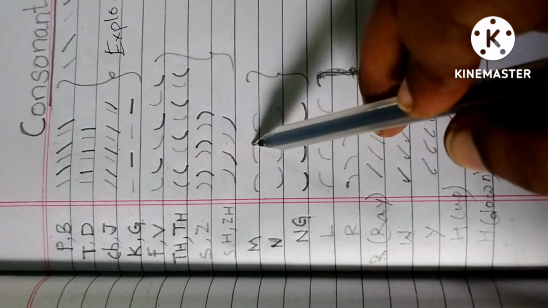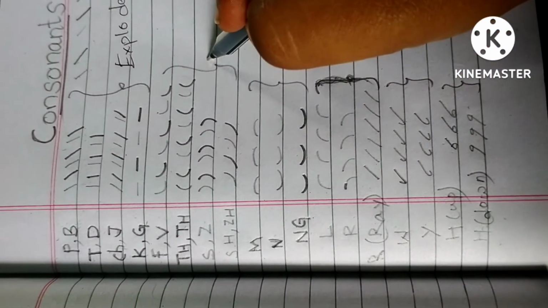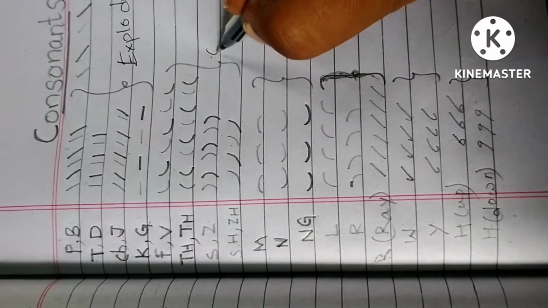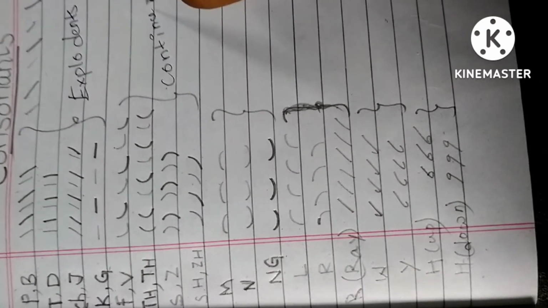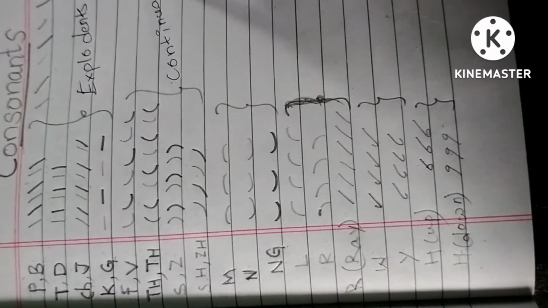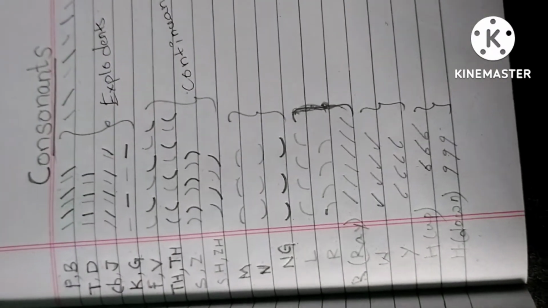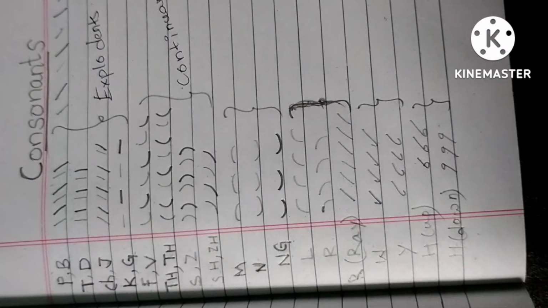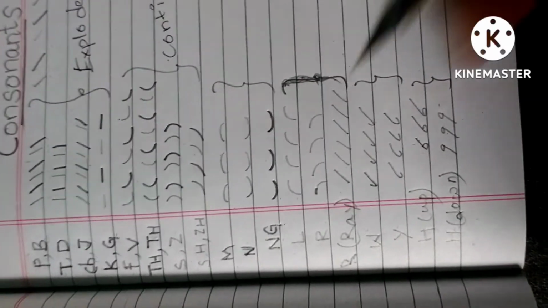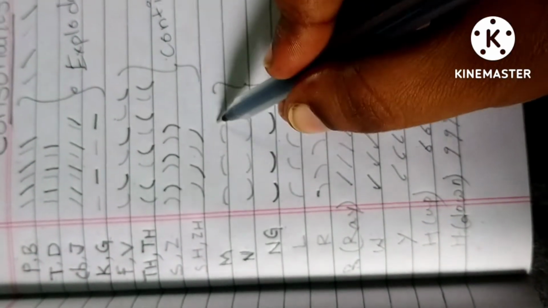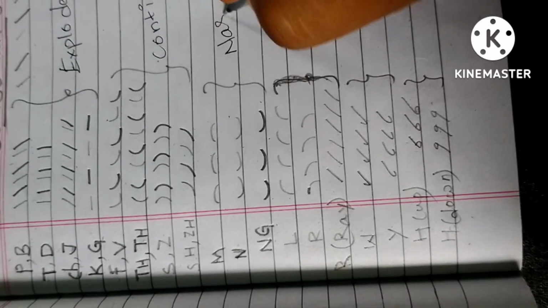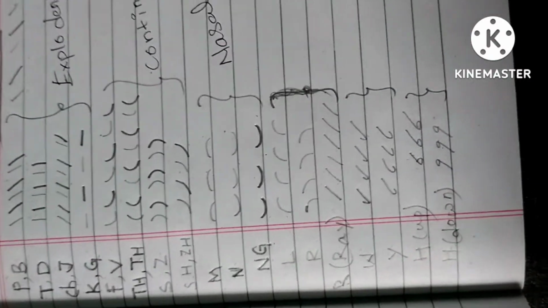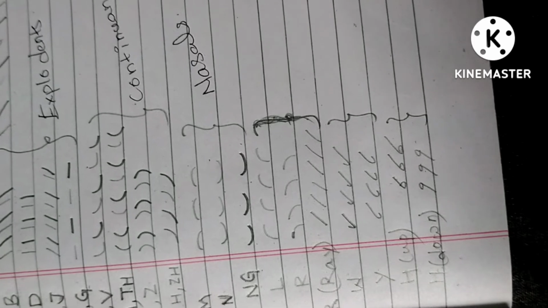These are curves, sloping curves. That's why they are called continuants. And next, M and ing, horizontal curves. That's why they are called nasals. Why? Because the sounds come from the nose.